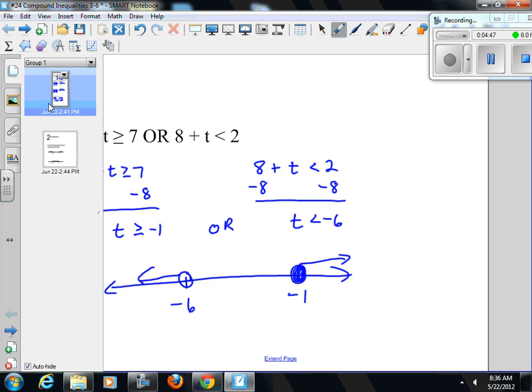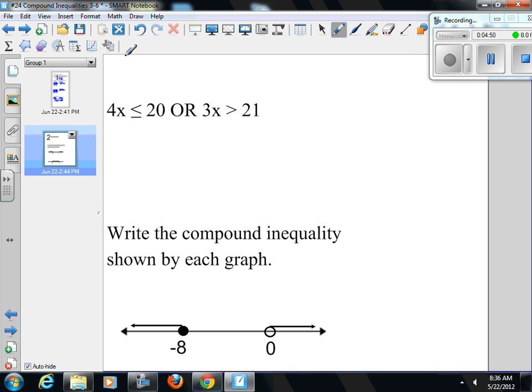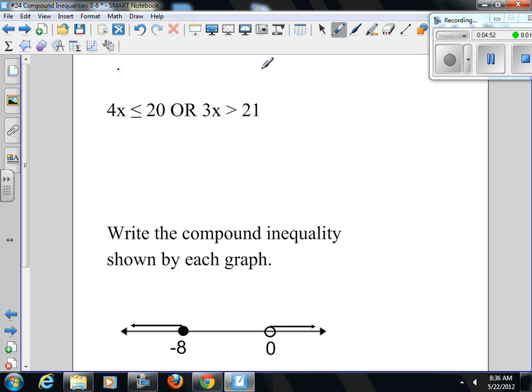So next, let's say we have this one. 4x is less than or equal to 20, or 3x is greater than 21. So we're just going to solve each one separately. First one, divide each one by 4. So I have x is less than or equal to 5. Second one, just divide by 3.